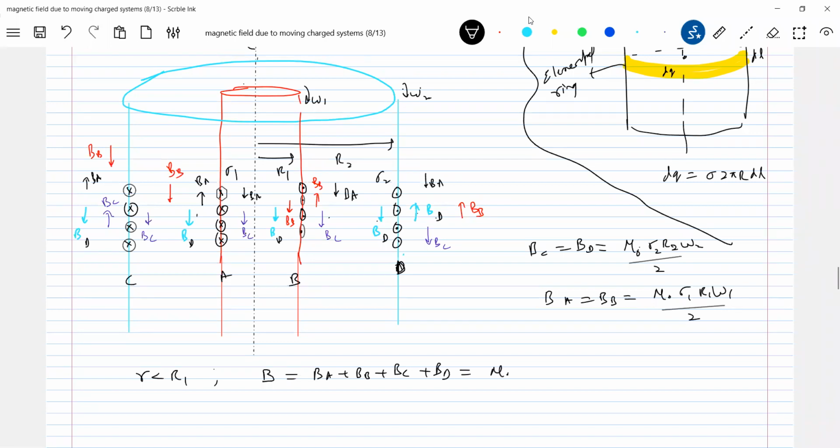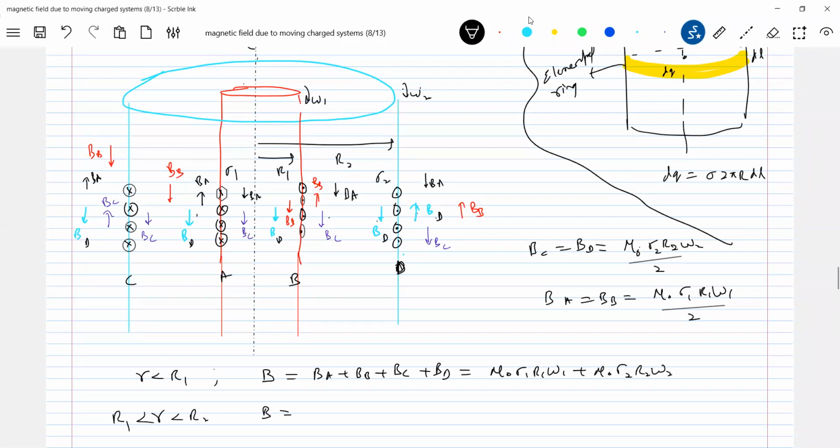So this should be mu naught. Total it will be sigma 1 R1 omega 1 plus mu naught sigma 2 R2 omega 2. Now for R between R1 and R2, C and D will add up, whereas due to BB and BA will get cancelled.